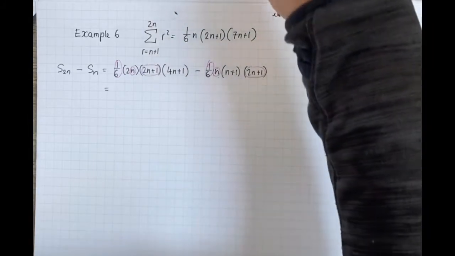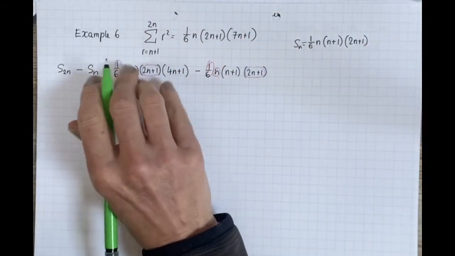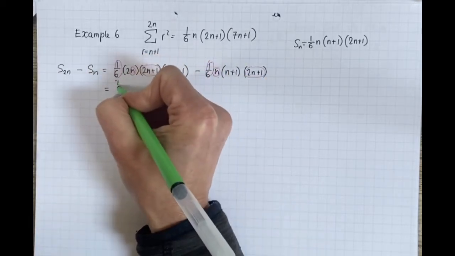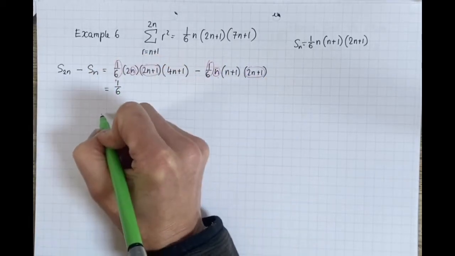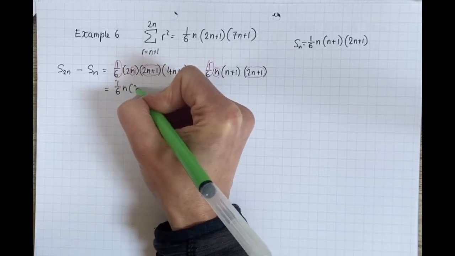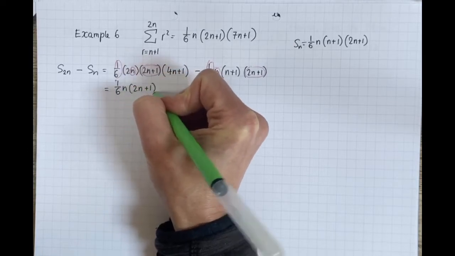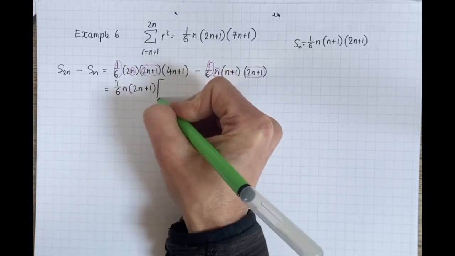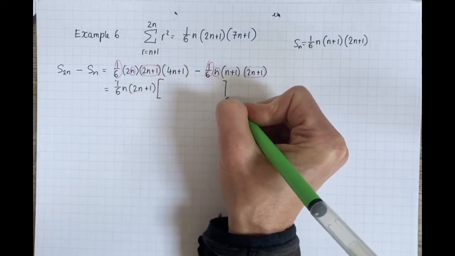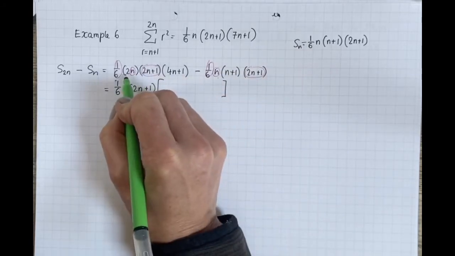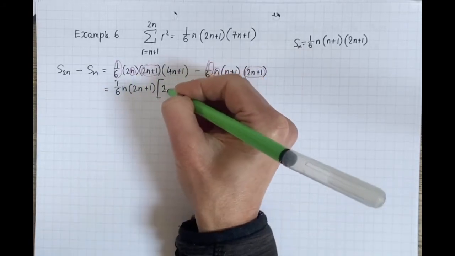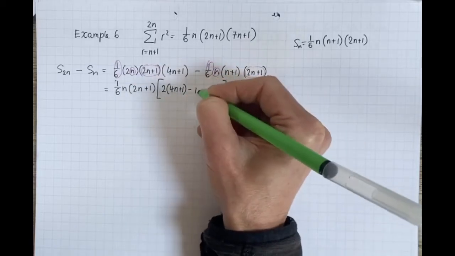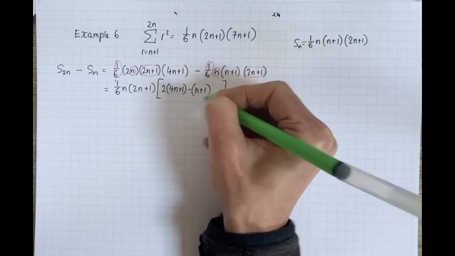So what have I done there? There are two terms here, this one minus this one. What do they have in common? It can be taken out in front of the bracket. So I have taken out 1/6, n, and 2n plus 1. Whatever is remaining can be put into brackets. So I've got two lots of this left, minus n plus 1.